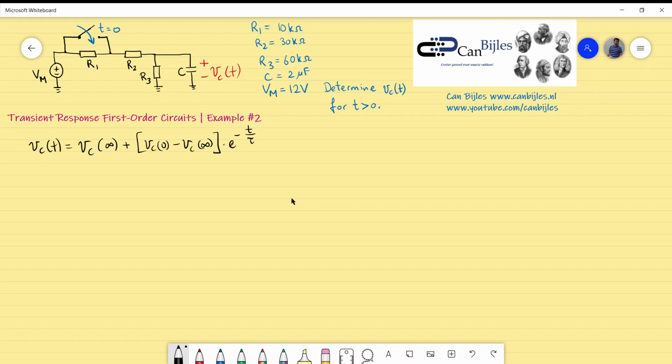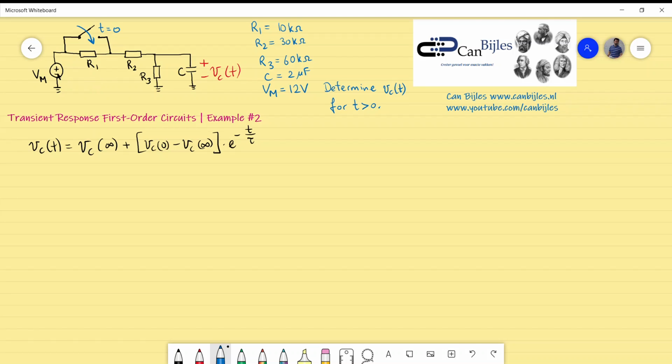So you see three unknowns: the initial value, the steady state value, and the time constant. If you want to know the initial value, you need to look at the circuit without the change happened. So the switch here is still open and it will be closed at time equals 0.